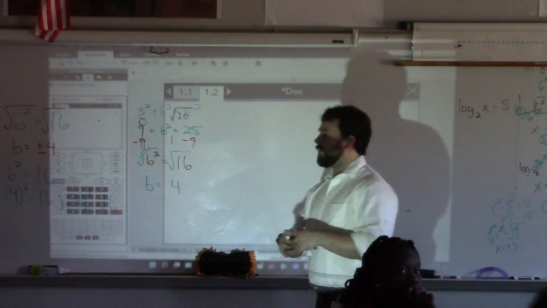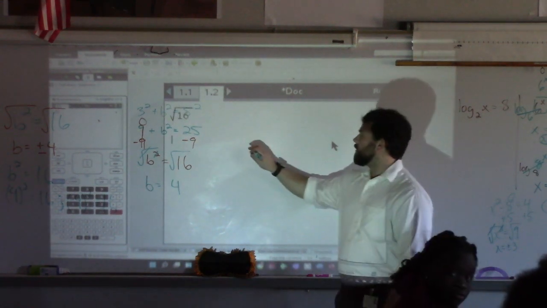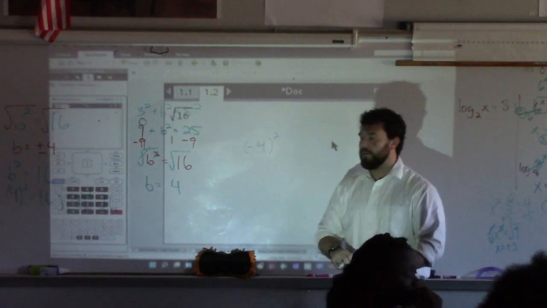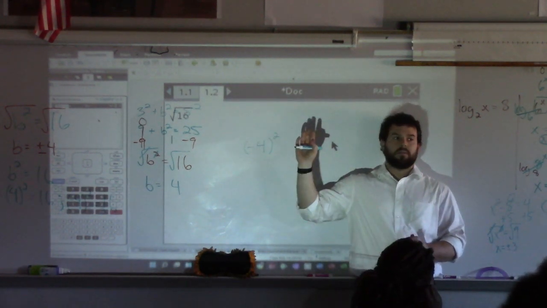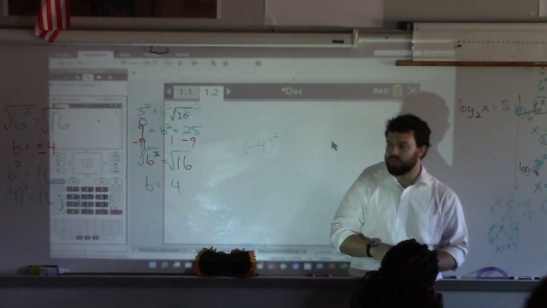So, first off, if you were to pick up a calculator and do negative 4 squared, it would tell you 16. I'm not telling you, I'm telling you the calculator tells you. But what does it mean to square something? Multiply it by itself.